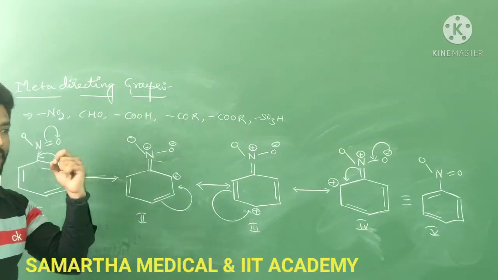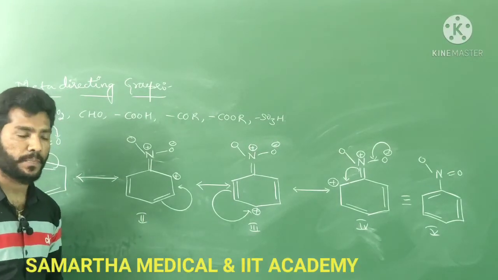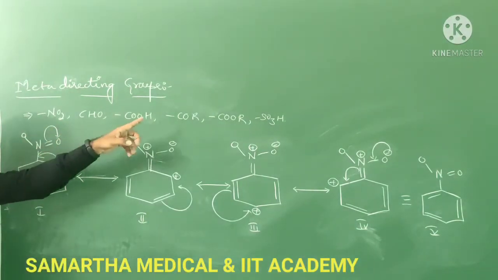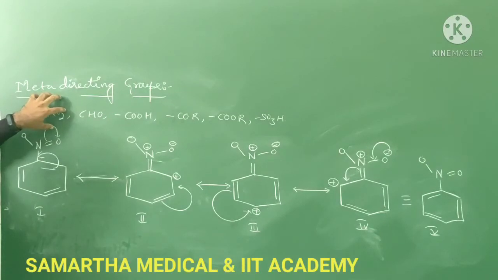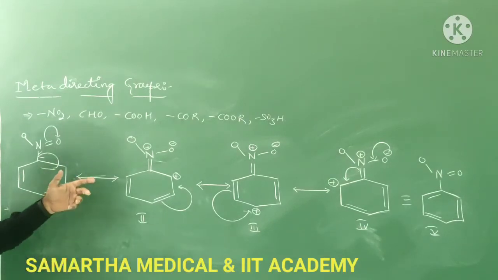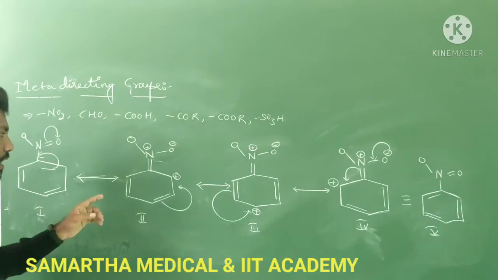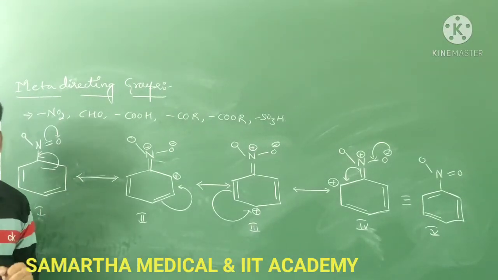So that's why the incoming group has to be located at the meta position. So this is the major role of these groups. Whenever these groups are present in a ring, there will be somewhat more electron density at the meta position as compared to ortho and para. That's why these groups direct the incoming group to the meta position, guys.